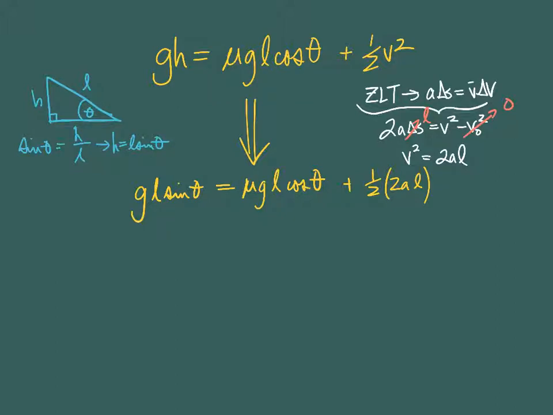Well, the 1/2 and the 2 are going to cancel out. I have a common factor of length. That's going to cancel out. And so I have a g sine theta minus a mu g cosine theta equals acceleration.